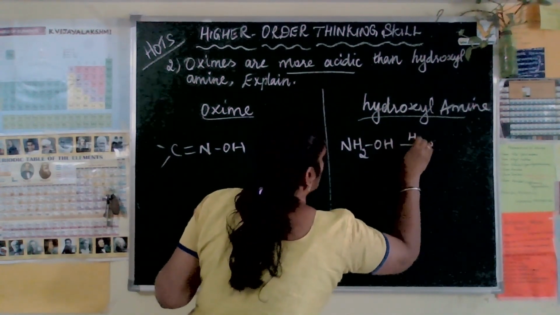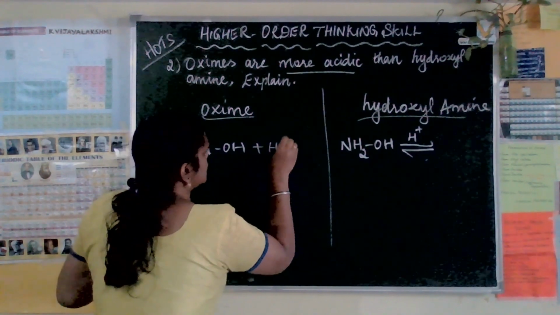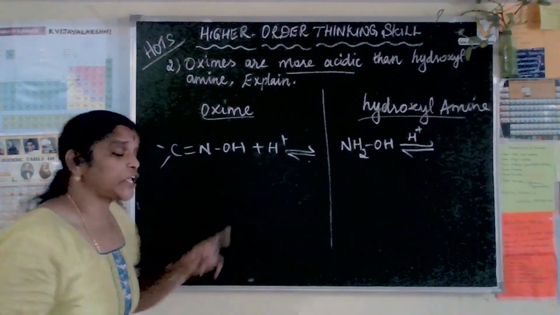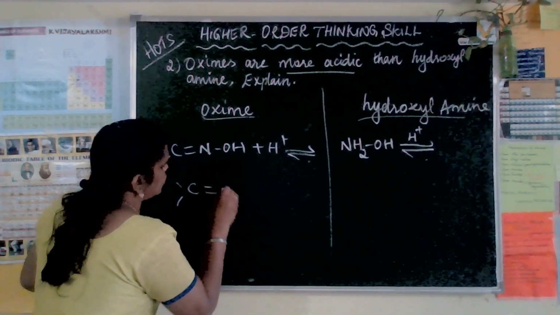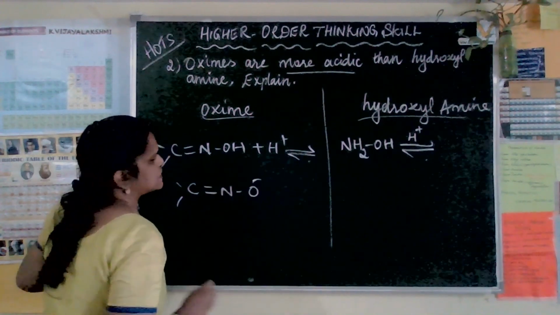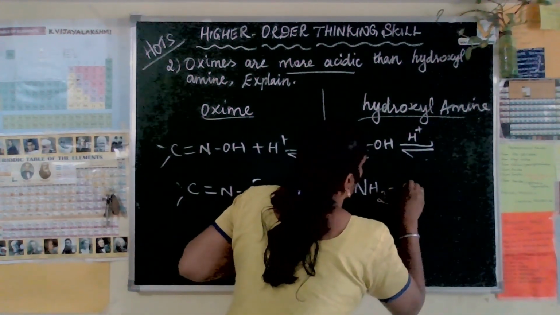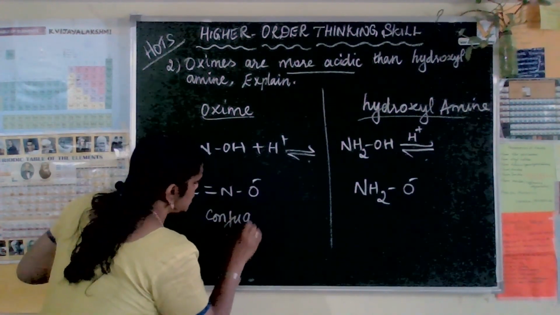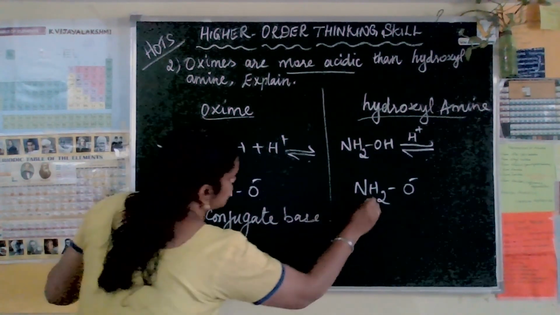What happened? Both lose a proton, H plus, to form the conjugate base. The conjugate base of the oxime is C double bond N-O minus, whereas here it is NH2-O minus. Now this is a conjugate base, and this is also a conjugate base.